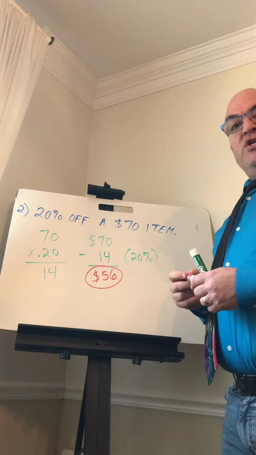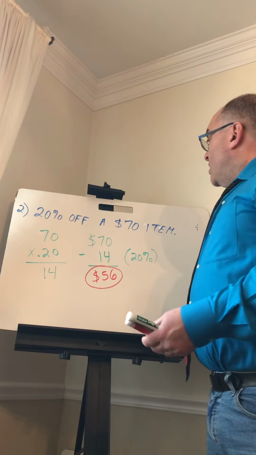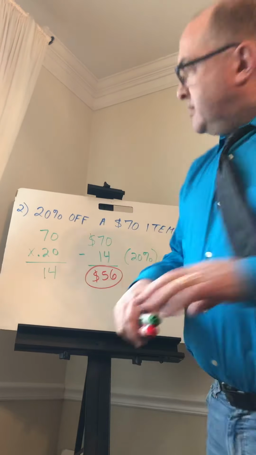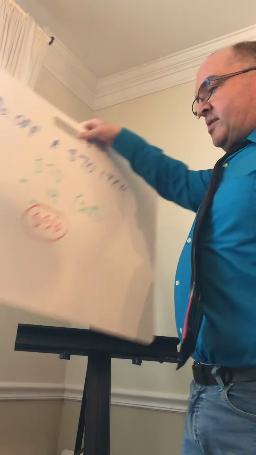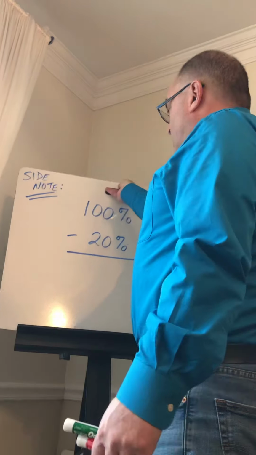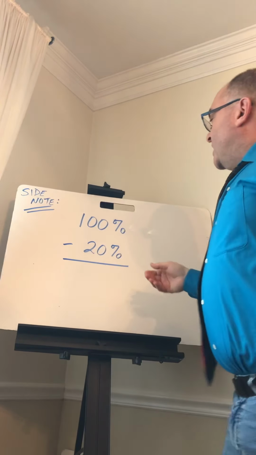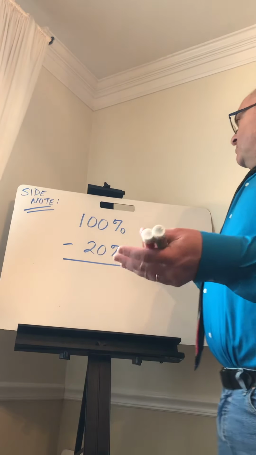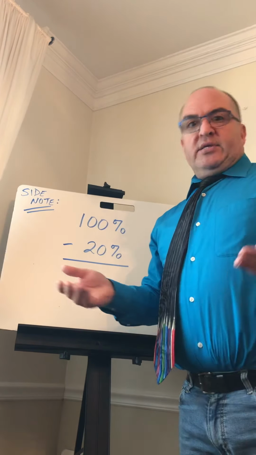That's the general idea. Now, here is the shortcut method. Let me explain how the shortcut method works. Would you agree that any item you're buying, the percent is 100%?